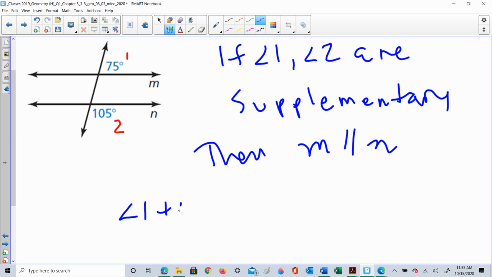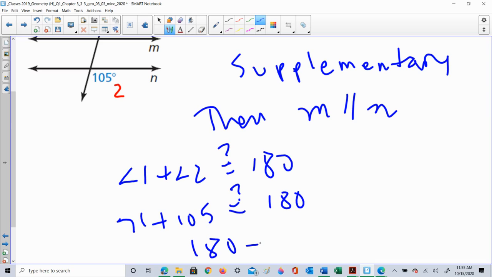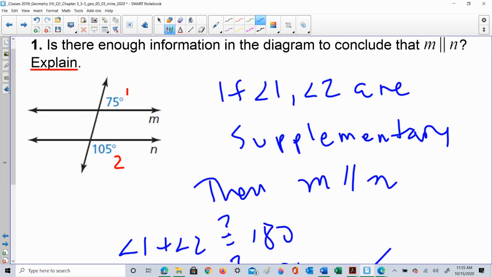Angle 1 plus angle 2 equals 180, question mark. If that's true, then they're parallel. 75 plus 105, does that equal 180? 180 equals 180. So yes, those two lines are parallel because the same side exterior angles are supplementary.